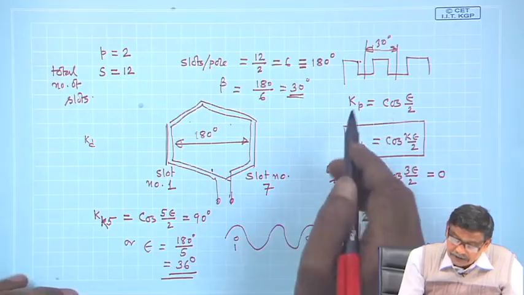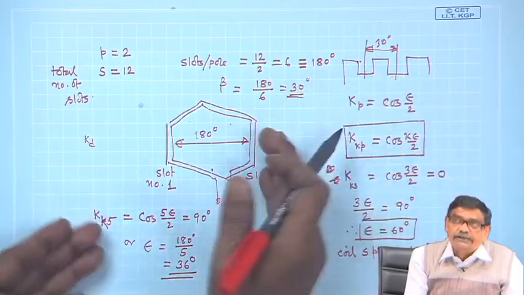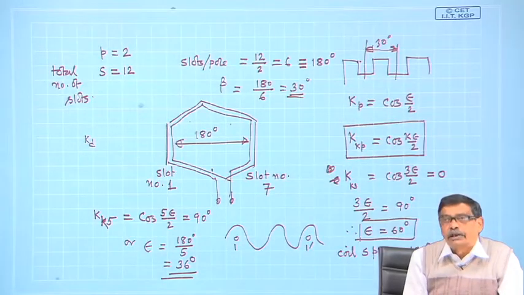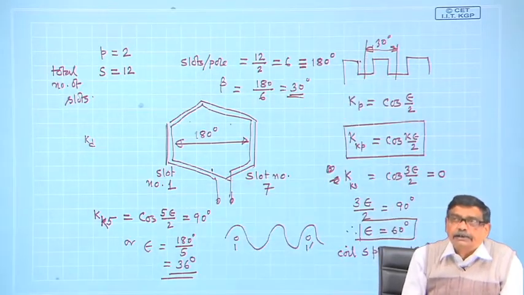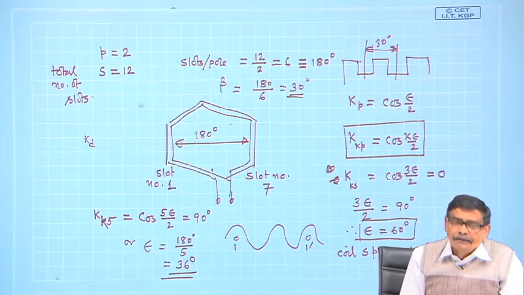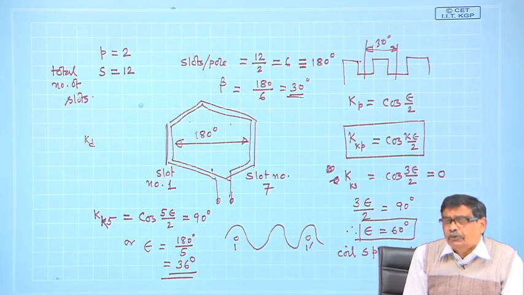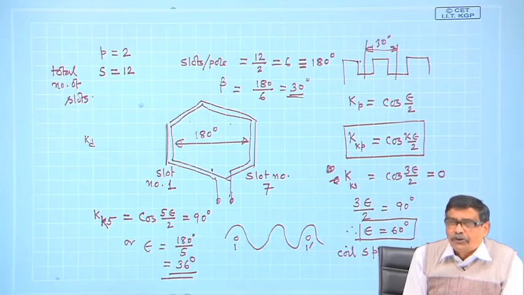However, you cannot short pitch a coil by 36 degree; the least number by which you can short chord a coil is a multiple of 30 degree. Anyway, this will not deter me from short chording the coil.